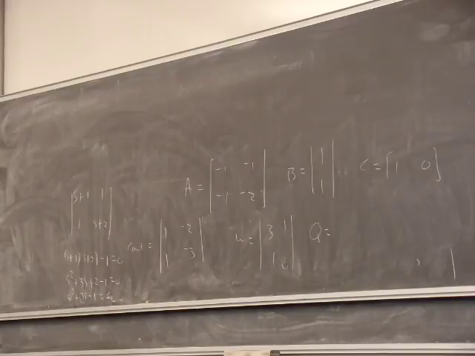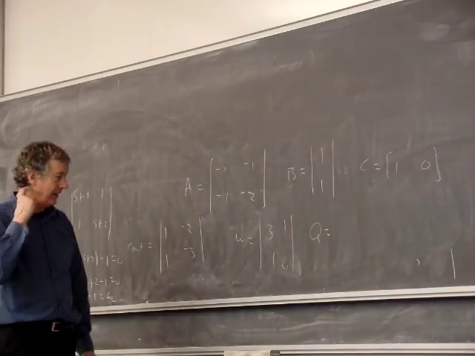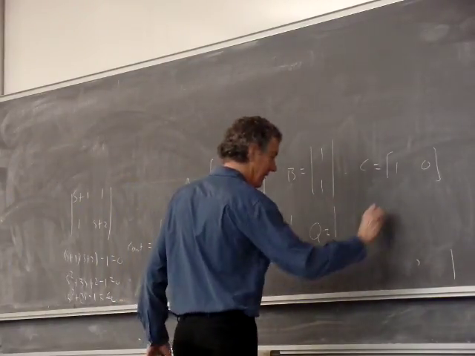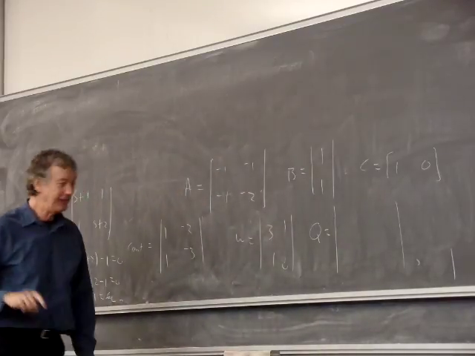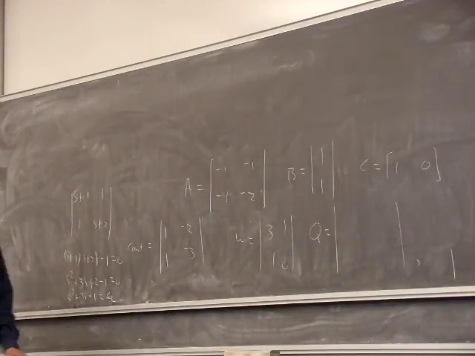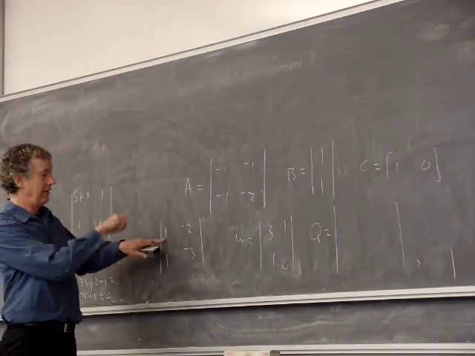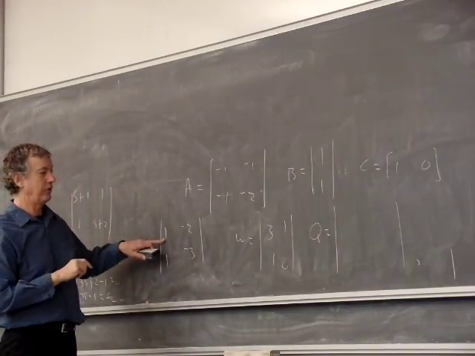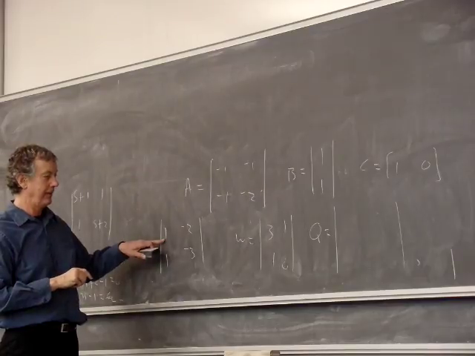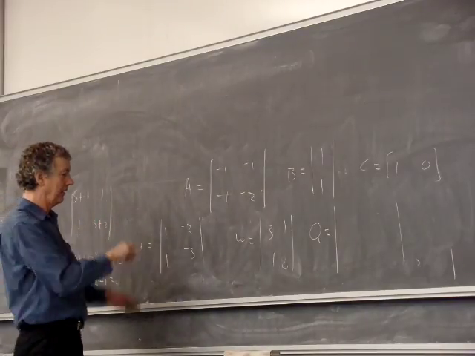Is that W times control or control times W? Which was it? W times control. Matrix multiplication. 3 minus 2, 3.